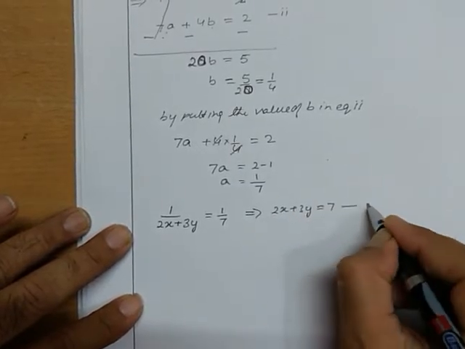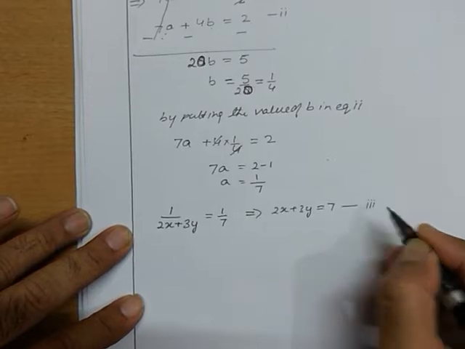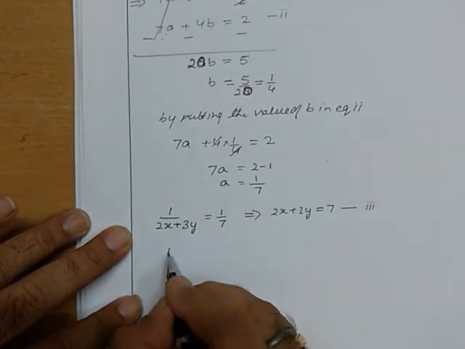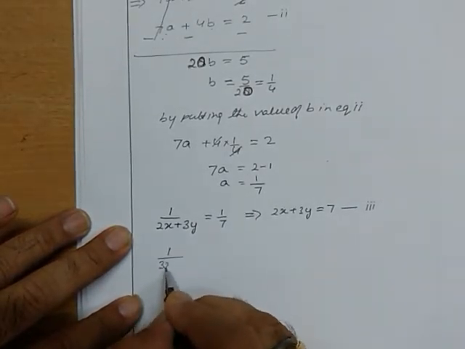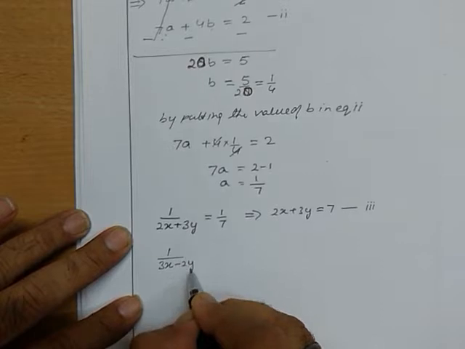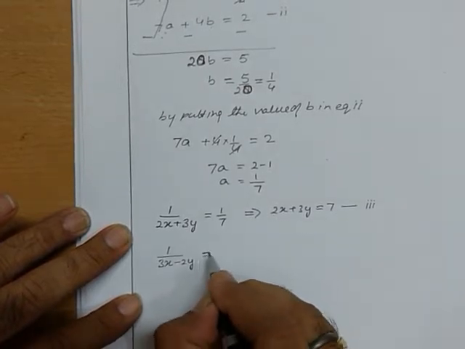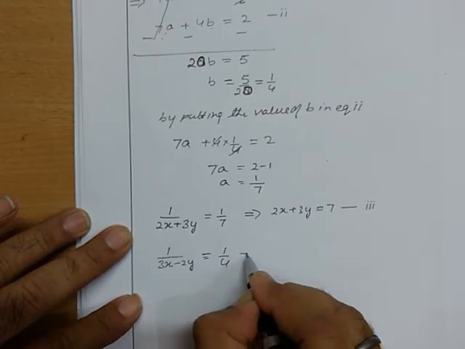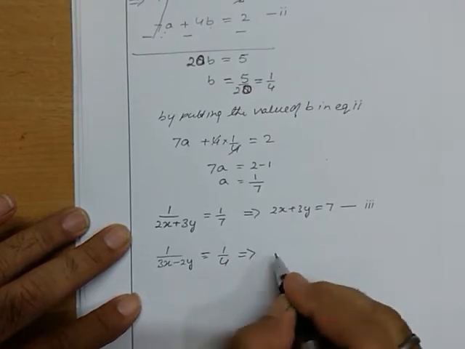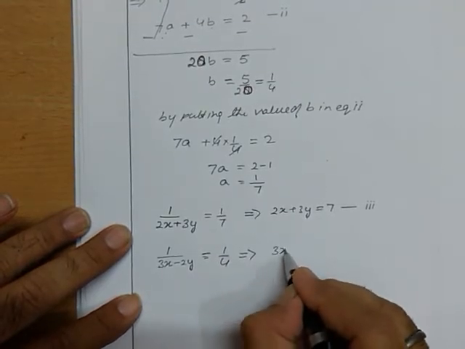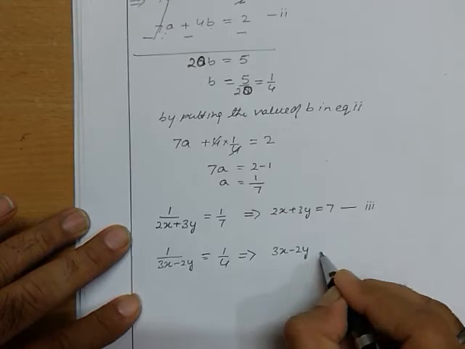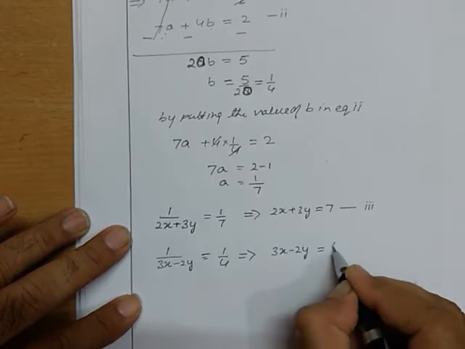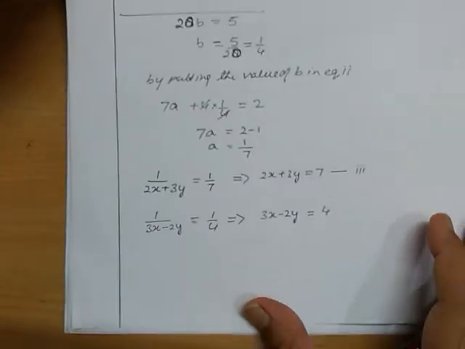This we will get as equation number 3. And 1 upon 3x minus 2y, here b has been taken as 1 upon 4, so we will have 3x minus 2y is equal to 4. We have got this equation number 4.